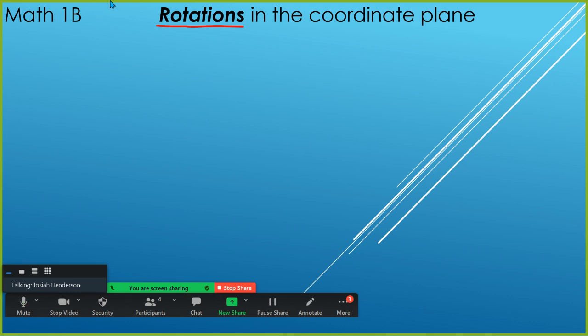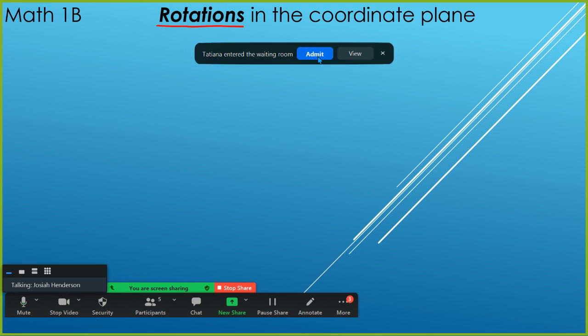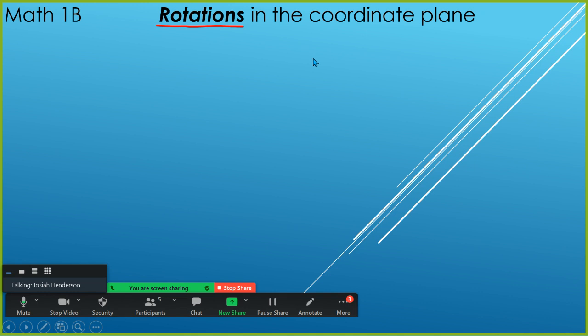We can visualize those by graphing it ourselves, and we should also use those rules we found about what changes and what stays the same when we're doing our reflections. We're going to see something similar today with rotations.